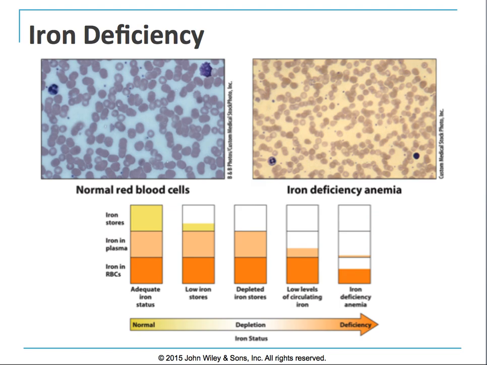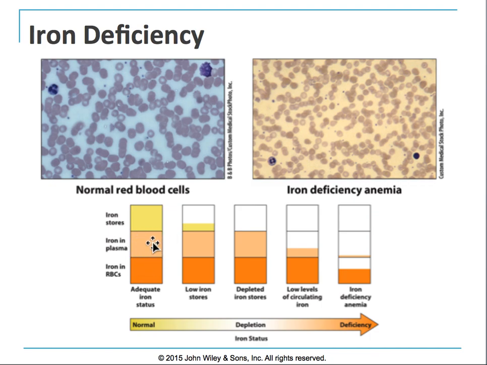Iron deficiency, so a couple of looks at red blood cells under a microscope. The example on the left is normal red blood cells, and then on the right we see an example of iron deficiency anemia. In a normal iron state, we have iron in your red blood cells. That's where the iron goes first.